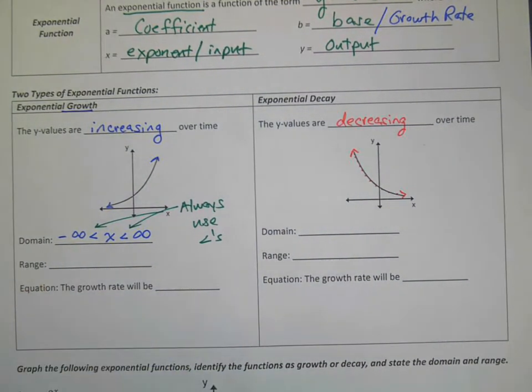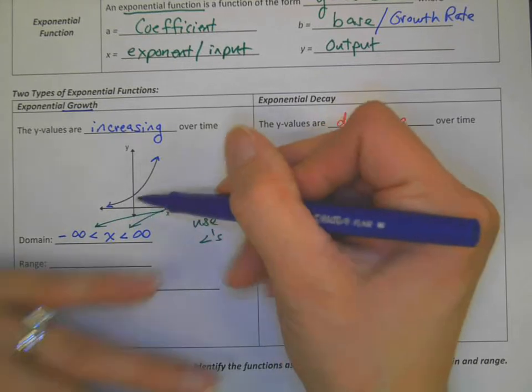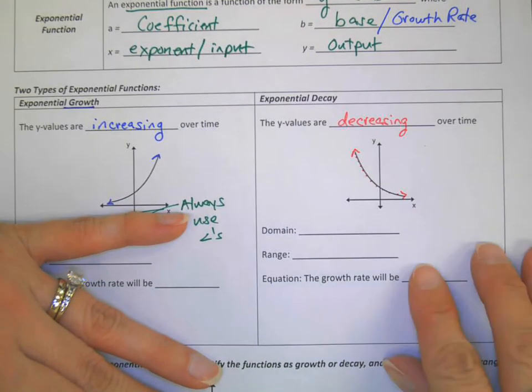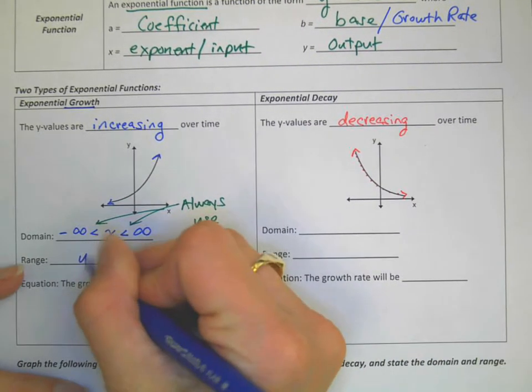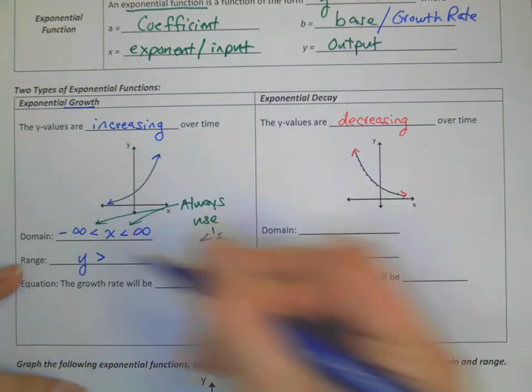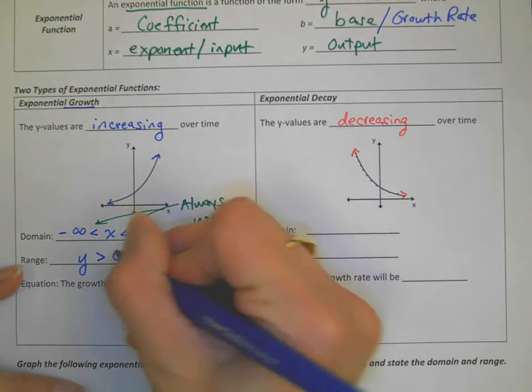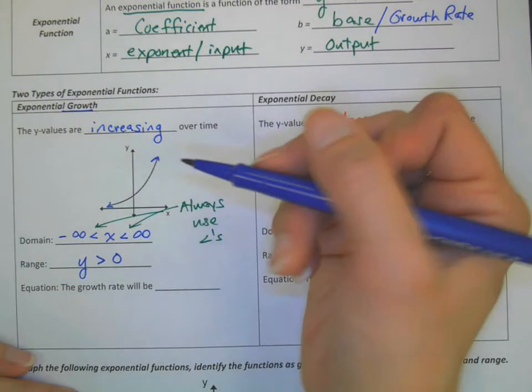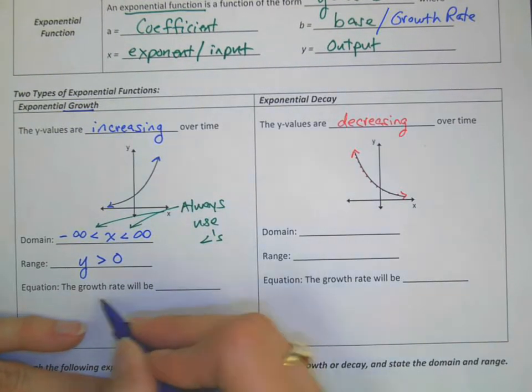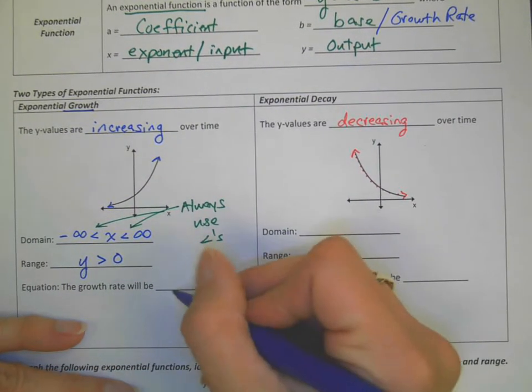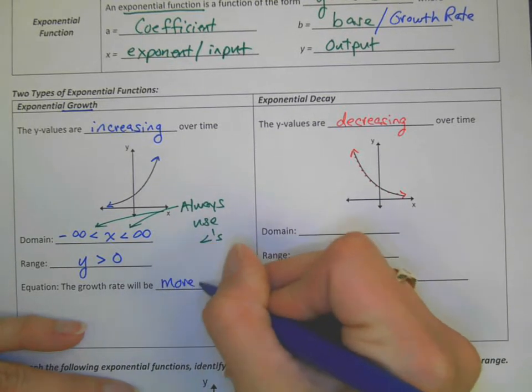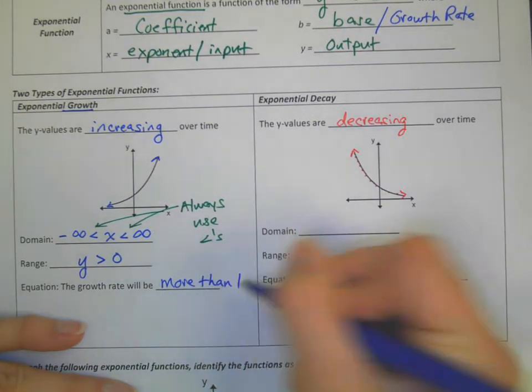The range, let's take a look at the y values. The graph is completely above the x-axis. That means that the y values are all greater than 0. They're all up there.